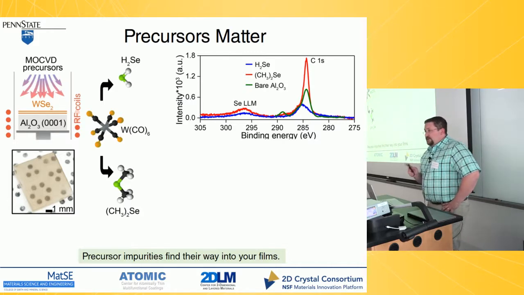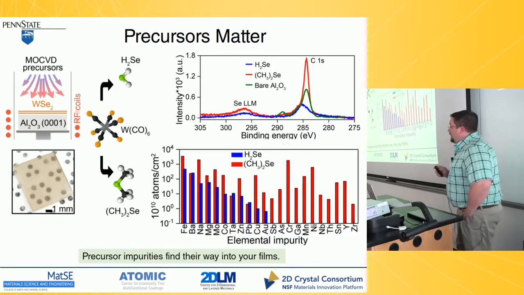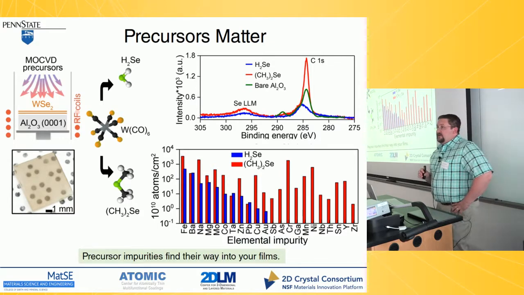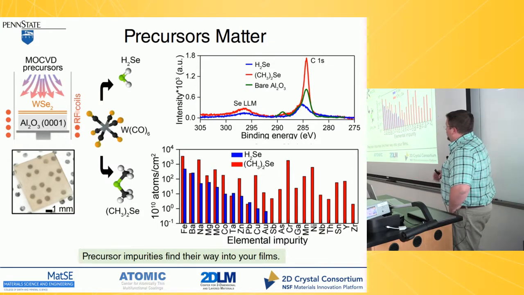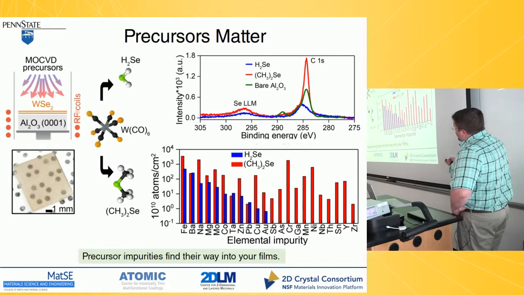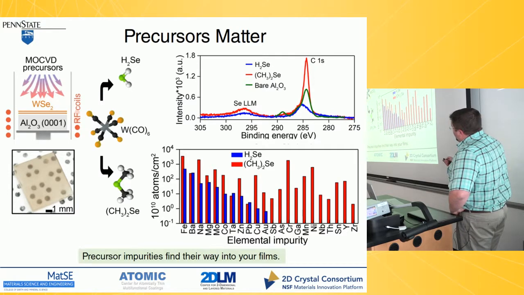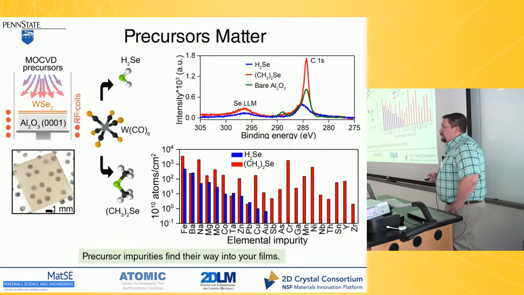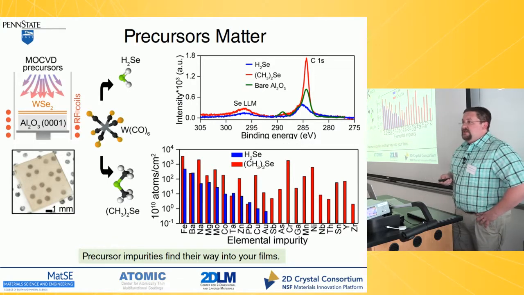More interestingly, though, is if you use ICP mass spec, so inductively coupled plasma mass spectroscopy, you can start to see that when you use, let's just look at the red here, dimethyl selenide, you get on the order of 20 elemental impurities in these systems.